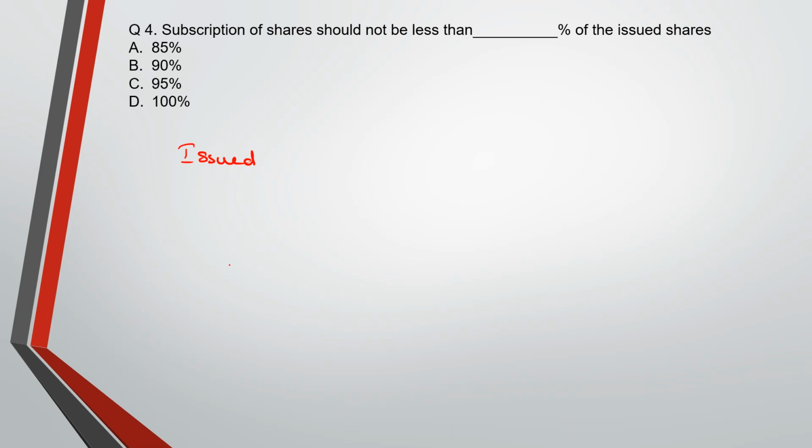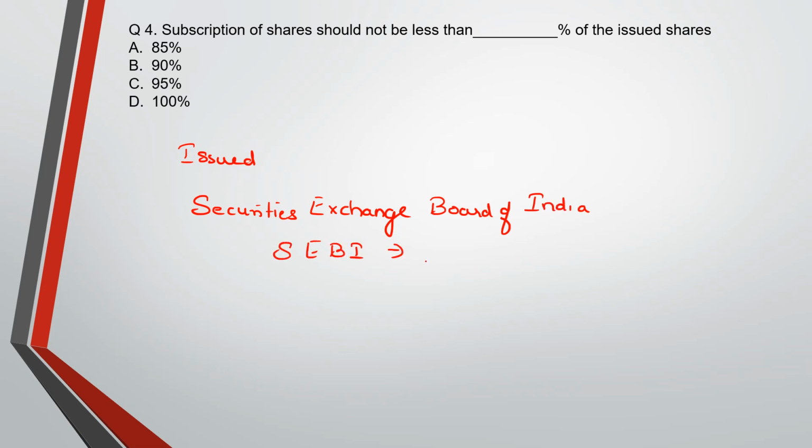Now, as per the SEBI guidelines, Securities and Exchange Board of India, that is SEBI in short, it has specified that there should be minimum subscription of 90% of the issued capital.